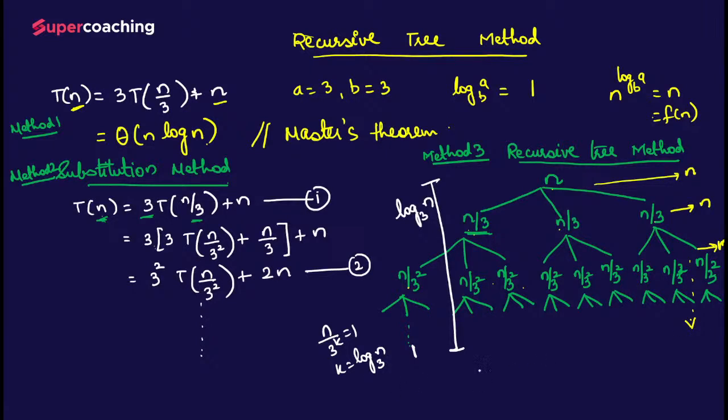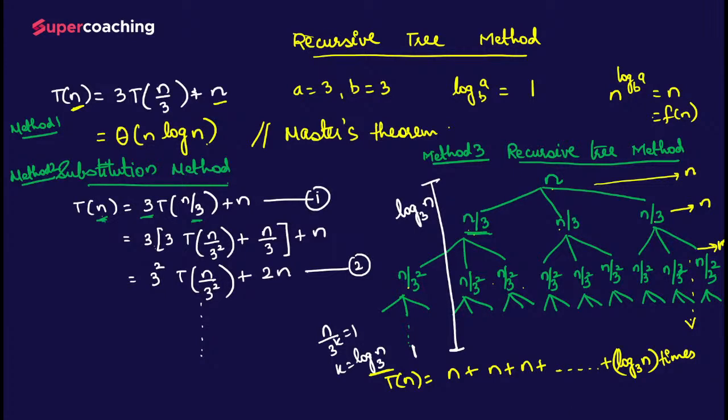तो ये कितनी बार आएगा? Log n times. So total cost to solve a problem with n elements is, at the first level it is taking n, at the second level it is taking n, at the third level it is taking n. So this way, at all the levels, it's taking n. This will be added for log n times. n plus n plus n अगर 3 times करते it will be 3n.